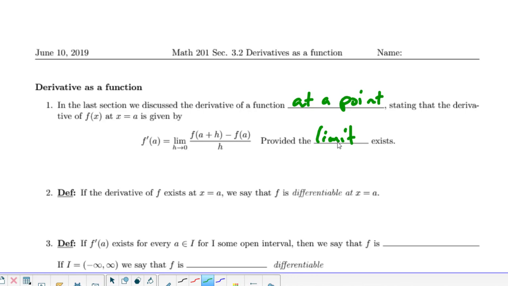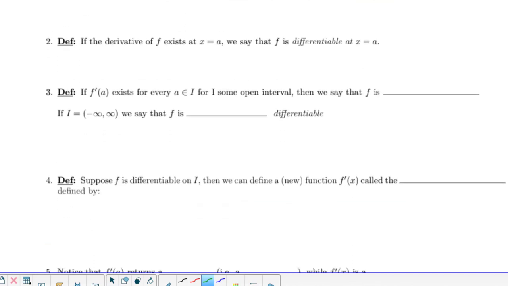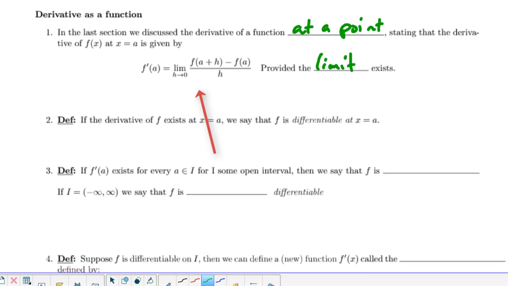Some new vocabulary then. For some reason, I've had students just really not like this word. Fair enough, but let's go through it. I want to be able to say what it means for the derivative to exist, because the derivative is not always going to exist. So if you're able to find the derivative, meaning if this limit does exist, we're going to say that the function is differentiable at that a value.